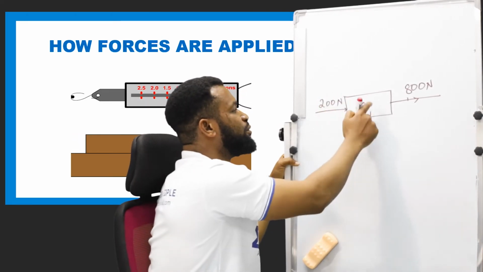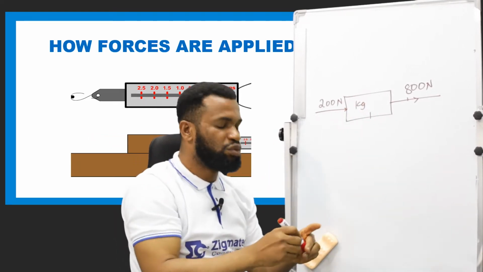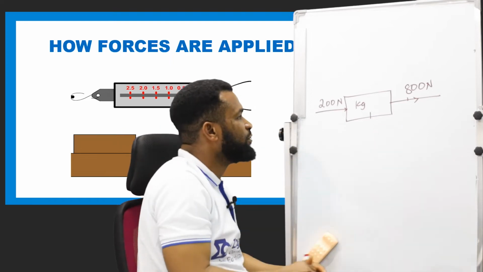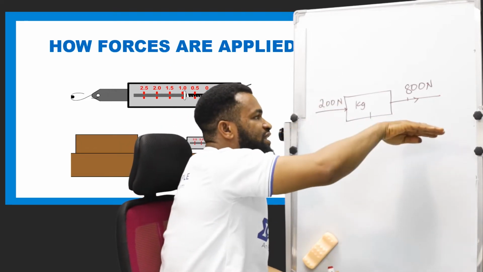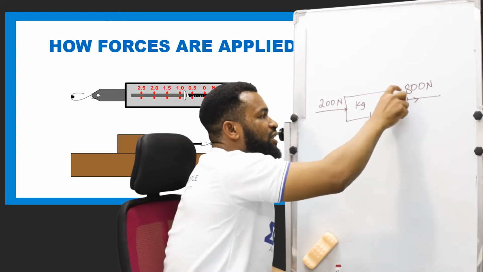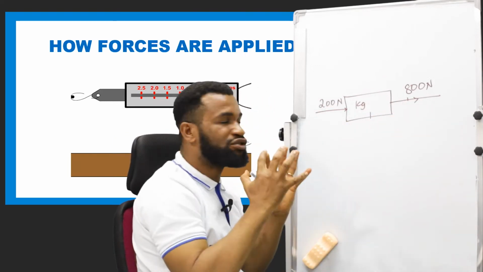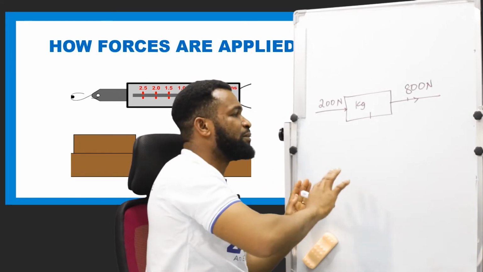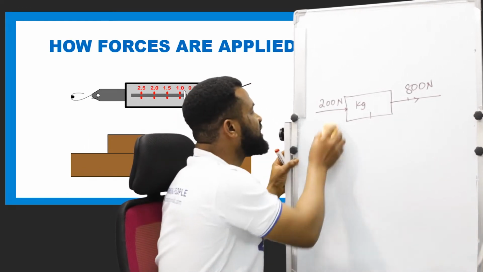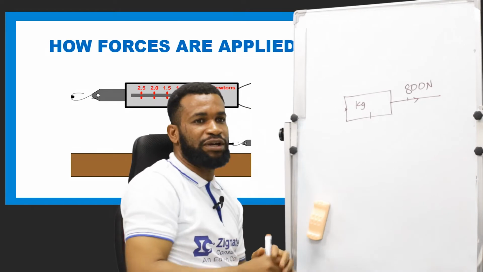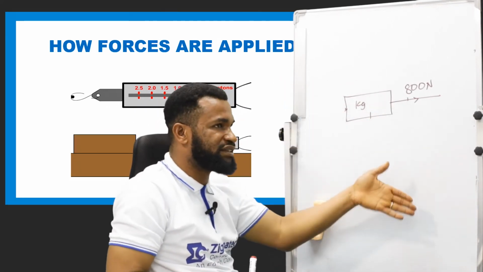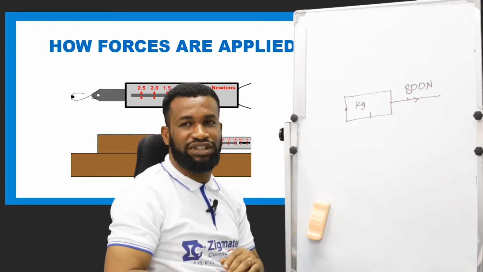And they are pushing this heavy load. What do you think will happen? This load will move faster because this man is pushing in this direction and the force of the other man is also in this direction. There is going to be a combined force on this body and the two of them are going to make it move faster. Imagine this 200 Newton force was not applied. What will happen? The first man is still going to move it, but it's not going to move as fast as when the 200 Newton was applied.